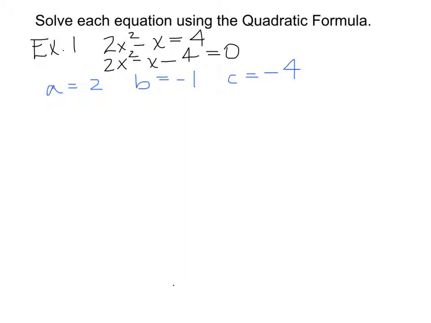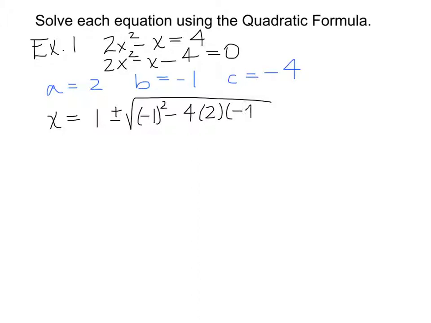So according to the formula, it's x equals the opposite of b plus or minus, when you're plugging things in, square root of b squared minus 4ac, all over 2 times a.